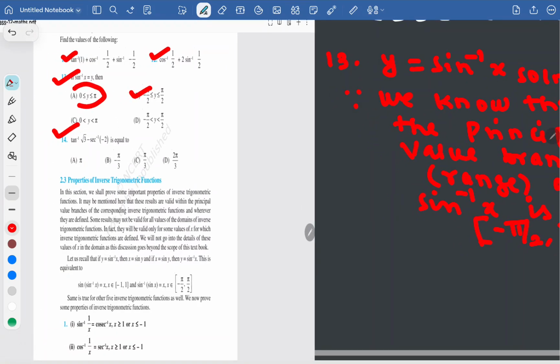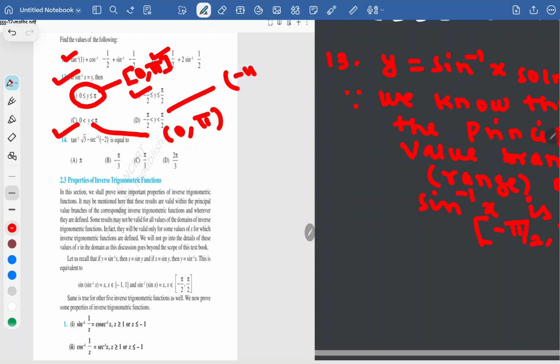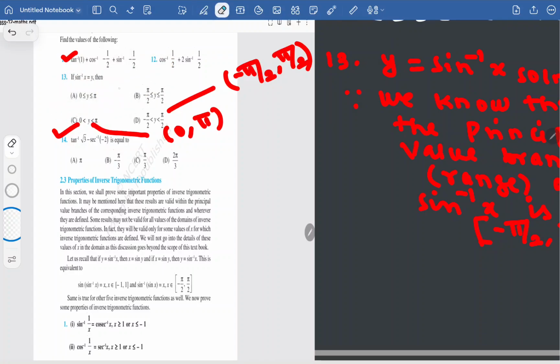See here, the first option is 0 less than or equal to x less than or equal to pi. The third option is 0 less than y less than pi. This is the representation closed 0 comma pi, and this one is open 0 comma pi. Option D is open minus pi by 2 comma pi by 2. But option B is simply given as minus pi by 2 less than or equal to y less than or equal to pi by 2.